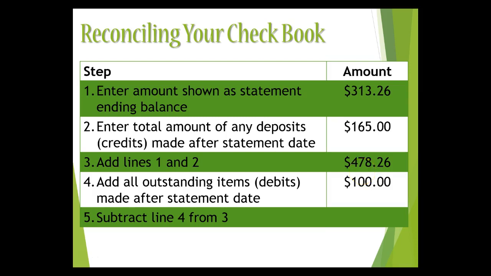So right now, if the bank knew about our deposits since the statement date, we'd have $478.26. But we also wrote a check. So if the bank knew that we had written this $100 check, how much money would be left over? So we would take this number from line 3 and subtract the $100, and we'd see that if the bank knew about all of the transactions we've made since the statement date, the bank would say we have $378.26.